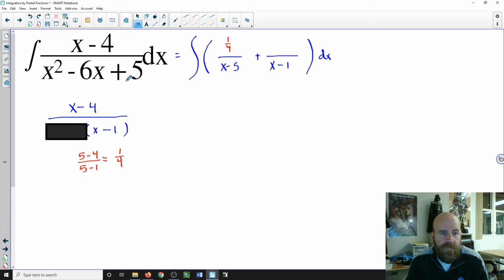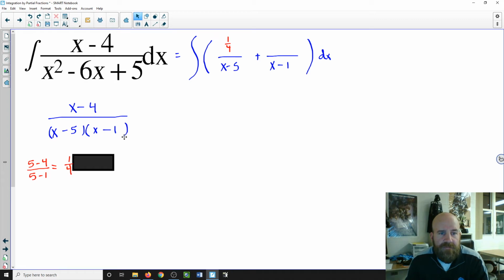All right. So we have that. So that was for that one. Now we look at the second one. What would zero this out? Well, x is 1 would zero this out. So we're going to cover that up. We're thinking about x is 1. We're going to plug that into the top and the bottom of these two.